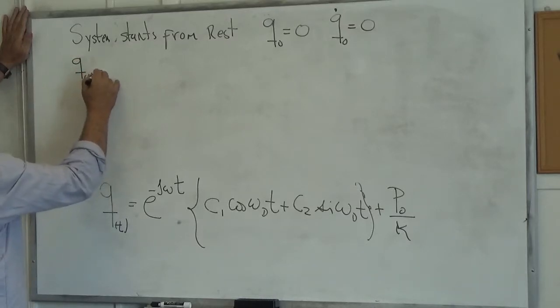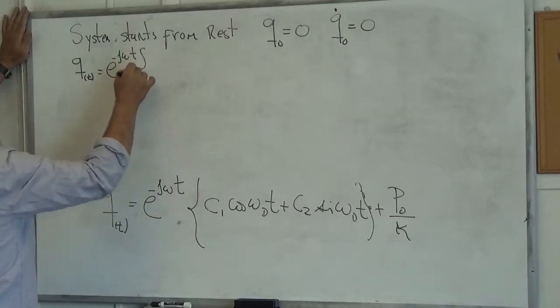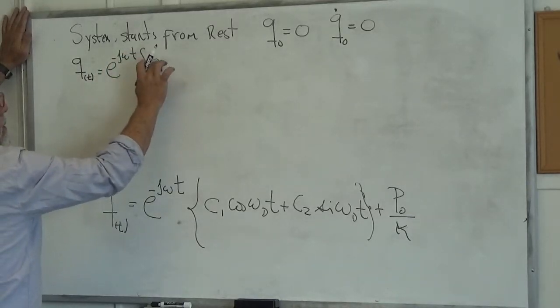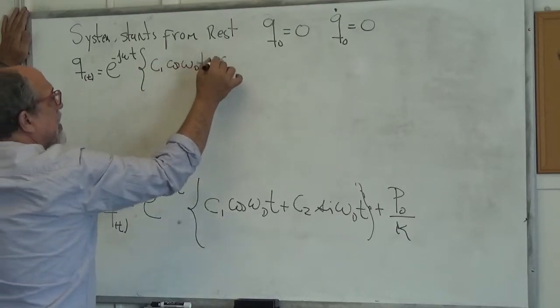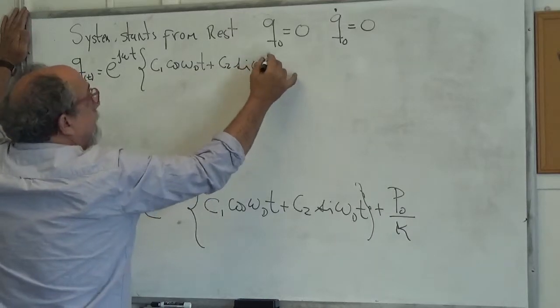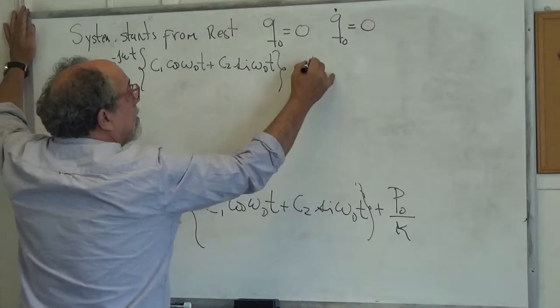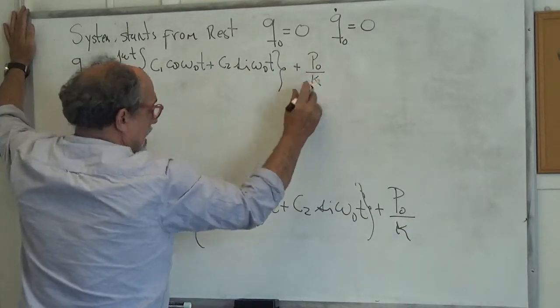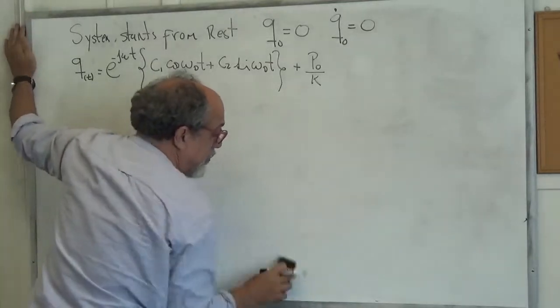Q of t is equal to e to the minus psi omega t, and then the parenthesis C1 cosine of omega damped t plus C2 sine of omega damped t, plus P0 over K. And I'm going to write under it the derivative.